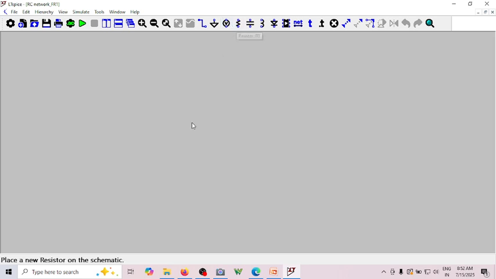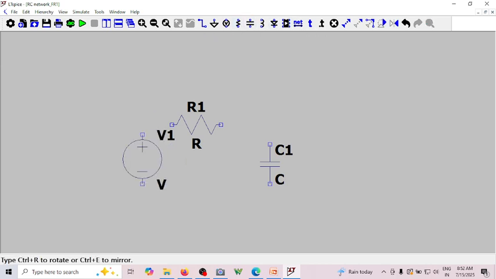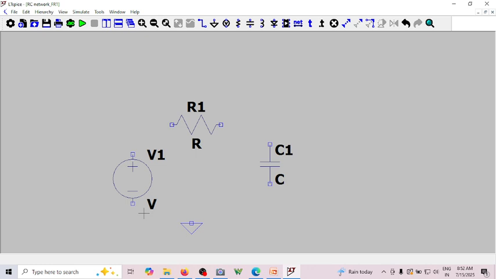Let me have a resistor, press R here, and then I want to have a capacitor here, and then a voltage source. Let me have a ground also, press G. Now you can start wiring it.